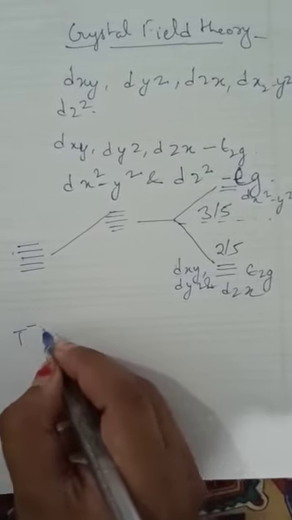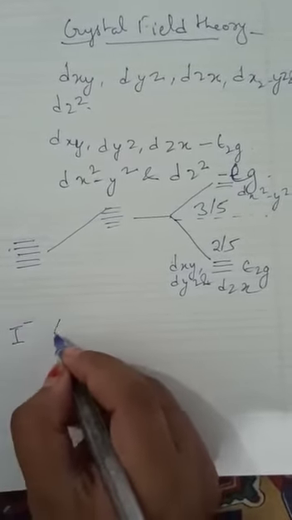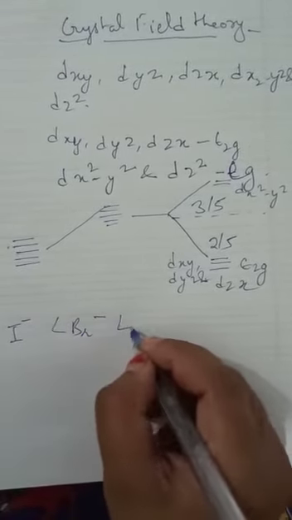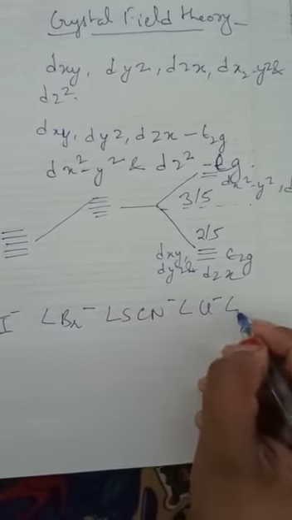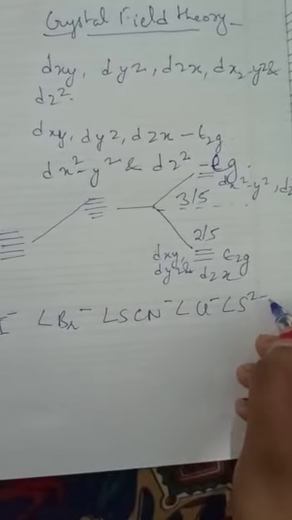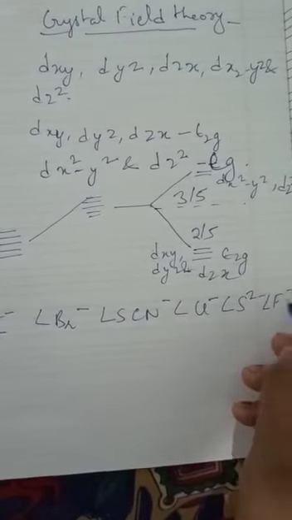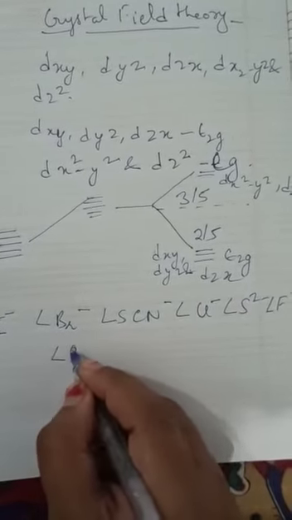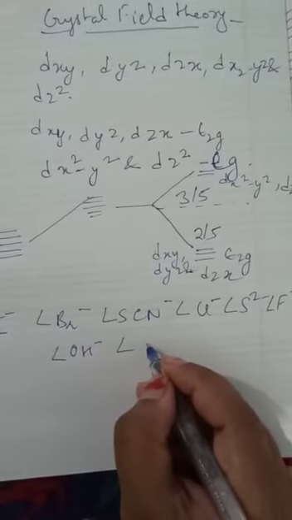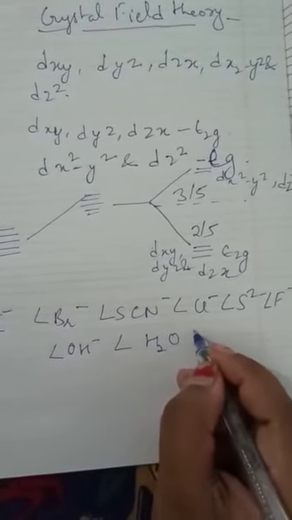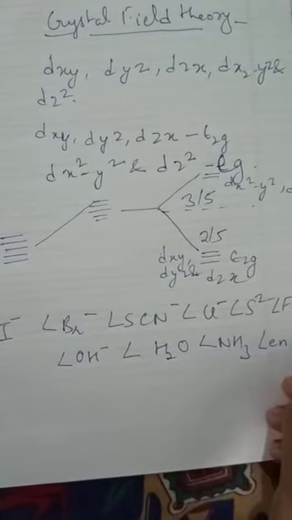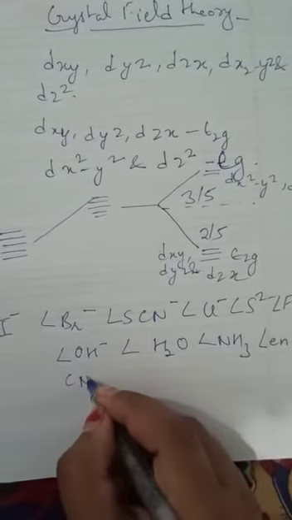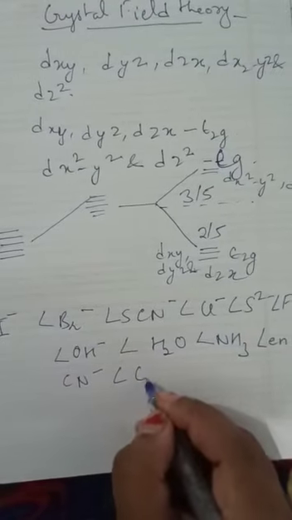For example, iodide has the lowest field, then bromide, then SCN negative, then chloride, then sulfide, fluoride, hydroxide, water, ammonia, ethylenediamine, cyano group, and carbonyl.